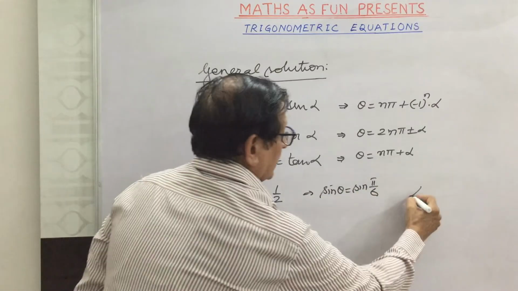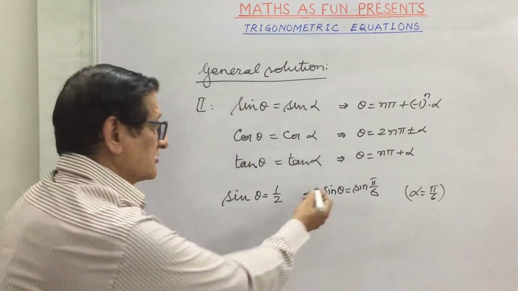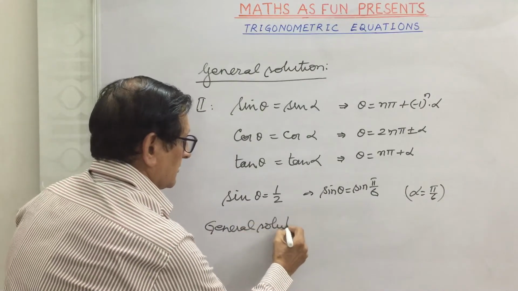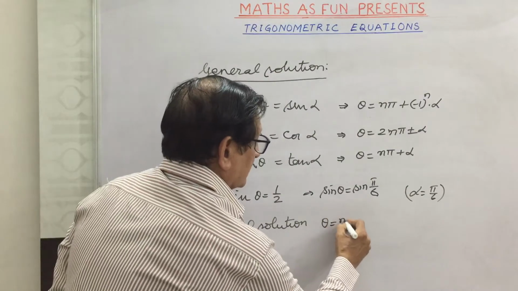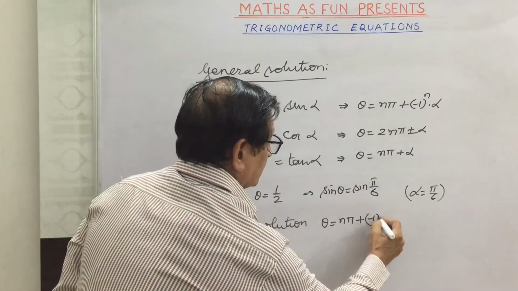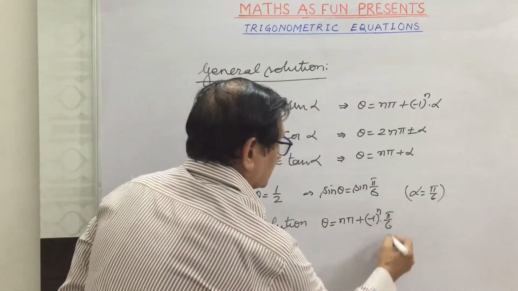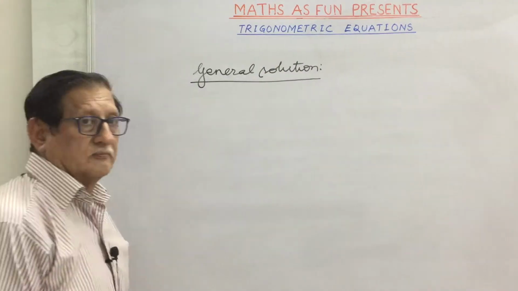By this we can find out that alpha is pi by 6. And hence the general solution of this particular equation can be written as theta is equal to n pi plus minus 1 to the power n into pi by 6. That becomes the general solution of the equation.